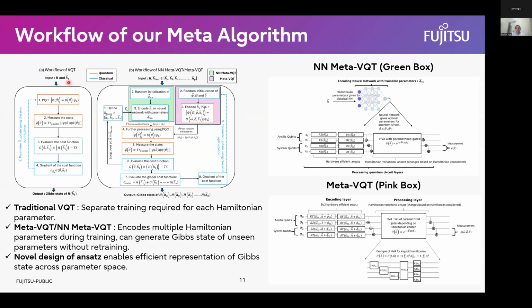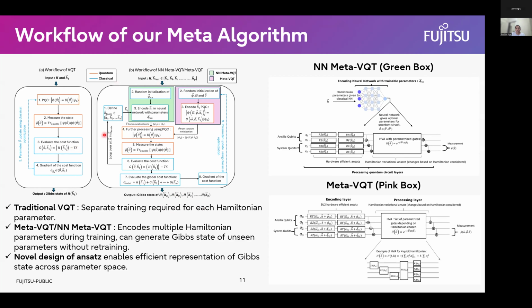Rather than that, in our case, which is flow diagram B, if we consider this as a black box, then we can give as input the Hamiltonian along with a set of parameters of the Hamiltonian. And as the output, we will get the Gibbs state corresponding to all these parameters of the Hamiltonian without the need for retraining for each parameter of the Hamiltonian.